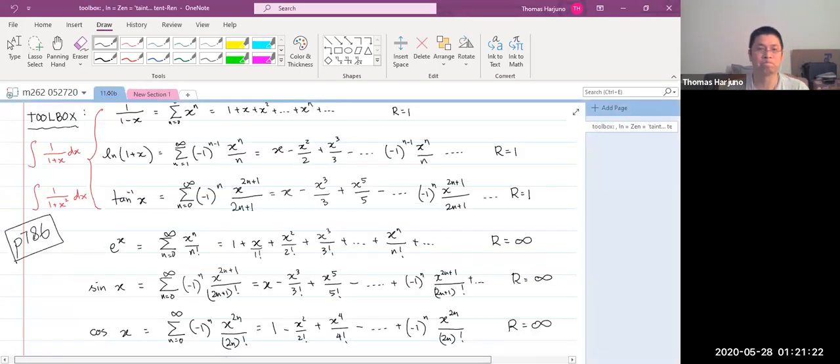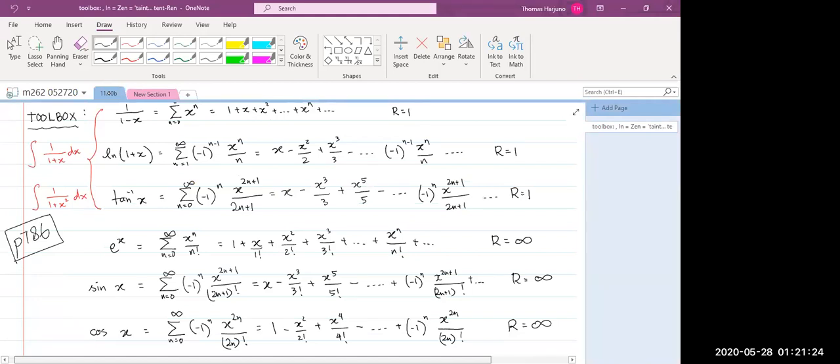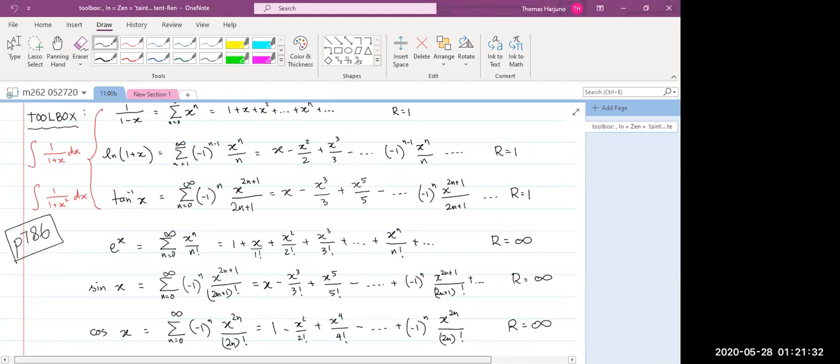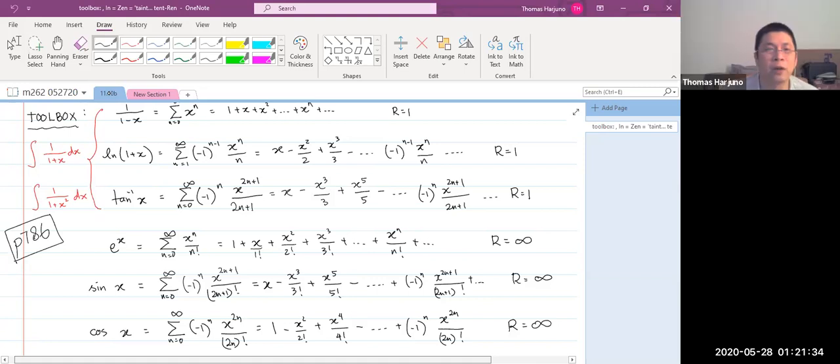Which of these functions, in which you replace the x by 3/5, gives you what you need?